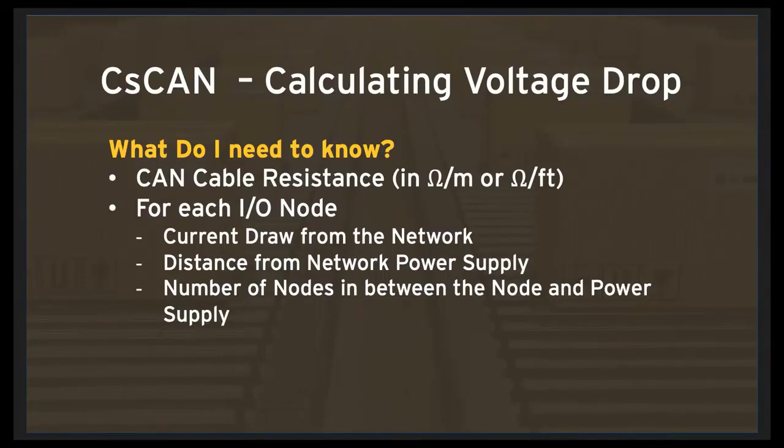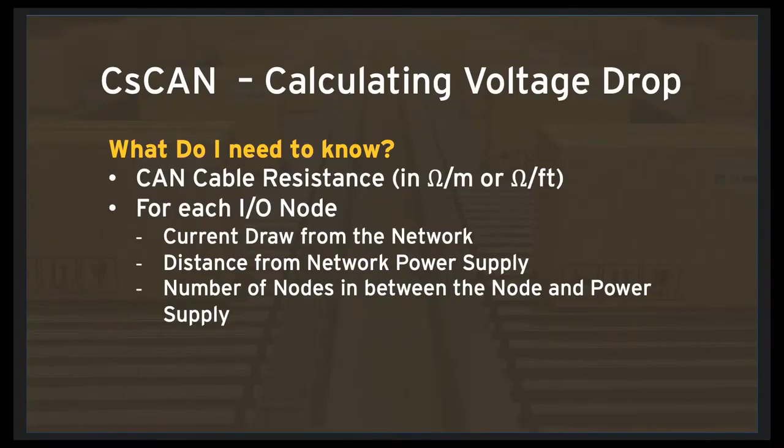Another thing you need to know is how far each node is away from the power supply. That tells you how much wire is between the power supply and that particular node. Now, one thing to keep in mind about network distance, or resistance, if you will, is that the current has to travel up one wire and back another.